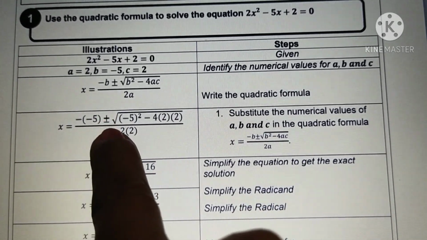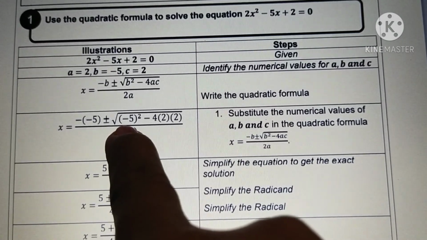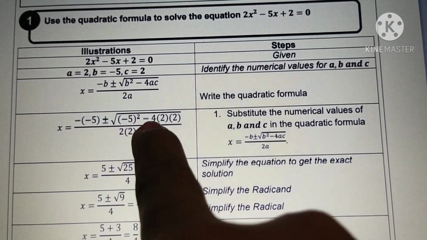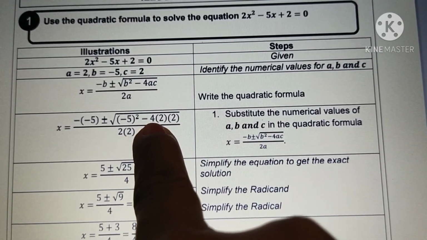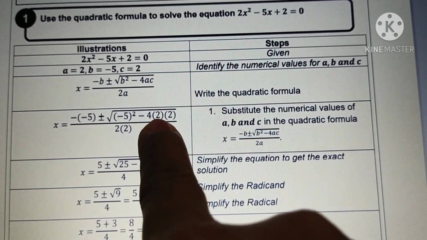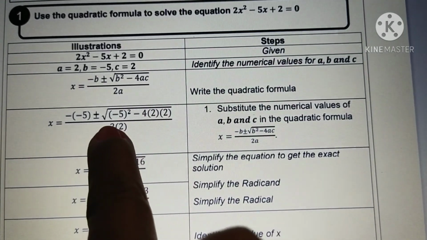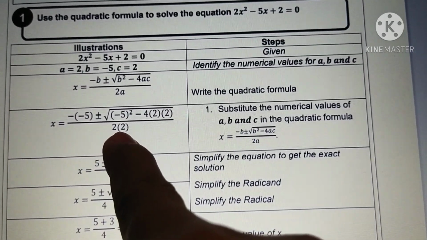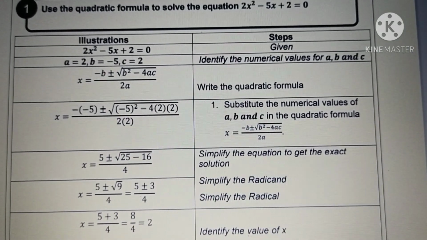Then plus and minus the square root of negative 5 squared, because your b is negative 5, minus 4. 4 is constant, nandyan talaga yan sa formula. Times your a, which is 2, times your c, which is also 2. Divided by 2 times the value of a, which is 2. That's just substituting.